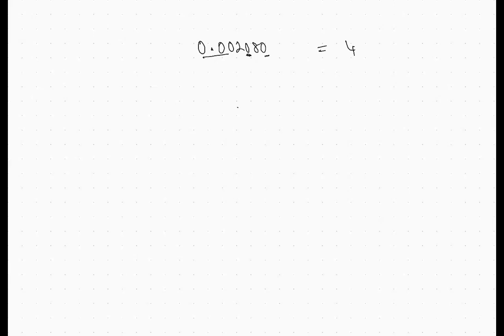So if it was 90, it's just 1 because we don't count the zero. But if it was 0.0010, we count this zero, not these zeros. That's what it means. So the answer for 0.002080 is 4 significant figures.